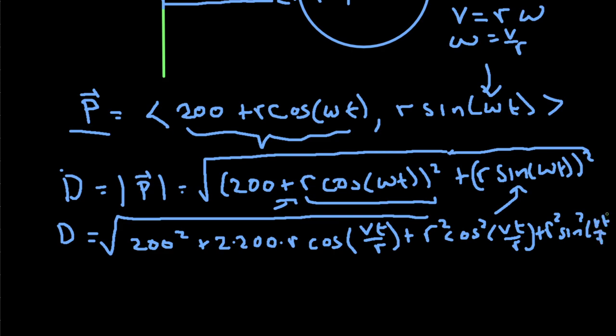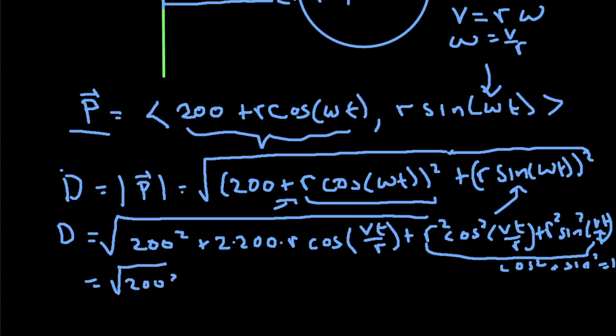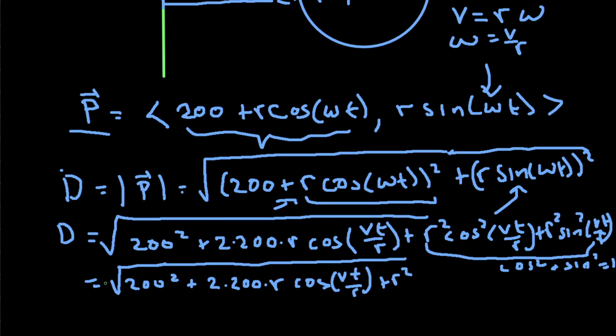Really cool thing about this, we can factor out an r squared. Cosine squared plus sine squared is 1. So I'm going to rewrite this as 200 squared plus 2 times 200 times r cosine vt over r plus r squared. So we got another expression.